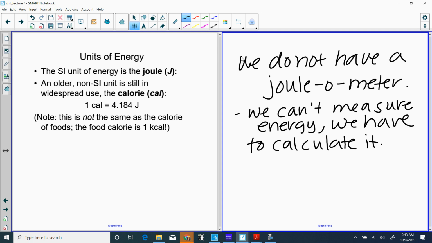I have a thermometer. I can measure temperature, but there isn't some way for me to measure joules. So we are going to calculate in a bunch of different ways.